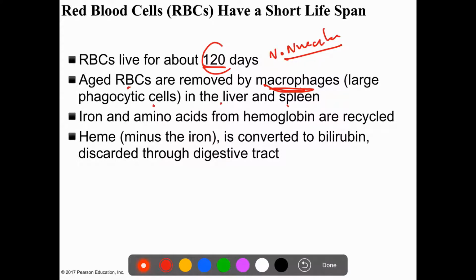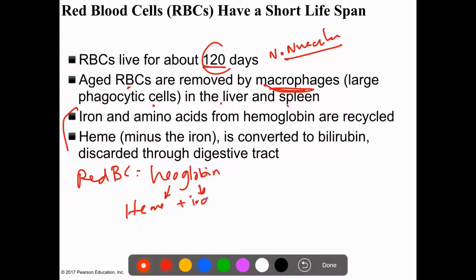Now, remember, to understand these two points, we said the red blood cells have the hemoglobin, and hemoglobin is made out of the heme pigment, which includes iron. So there is iron, and there are other proteins.